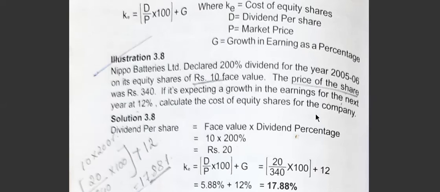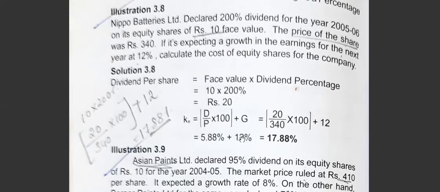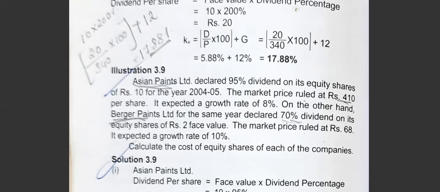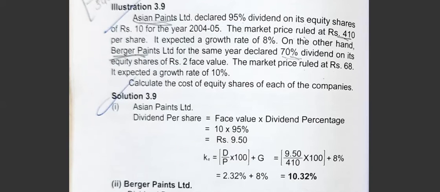Now calculate 20 divided by 340 into 100 plus G. G is nothing but growth, 12%. So 5.88% plus 12%, you will get 17.88%.